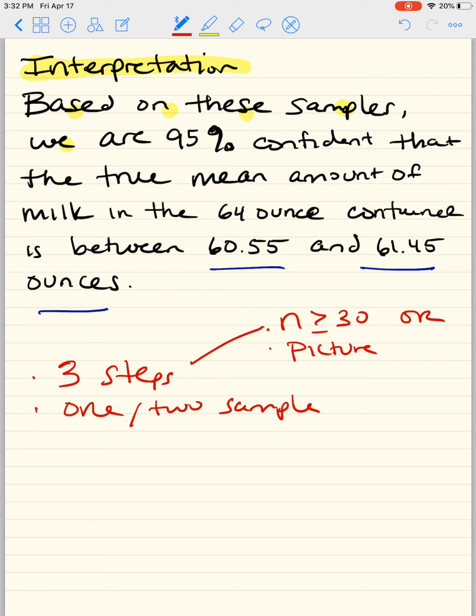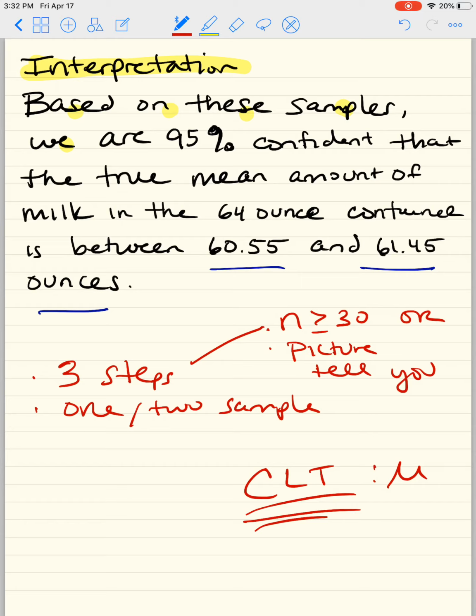And finally, they can tell you, but you cannot use n times p because there's no p here; that's for proportions. This is for averages, and the central limit theorem only applies to averages. So that's how we do a confidence interval. I hope this was helpful.